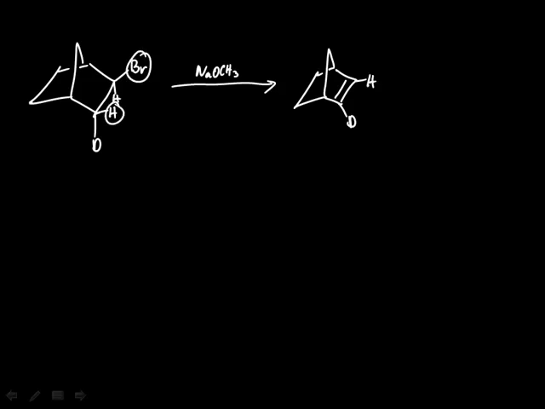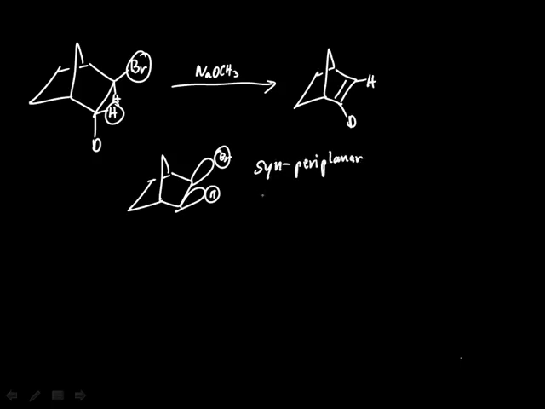And they certainly were not in the anti-periplanar conformation. In fact, if we draw this out, we will see that they're in exactly the same plane, in the so-called syn-periplanar conformation, which means that they're eclipsing each other, but remain in the same plane.